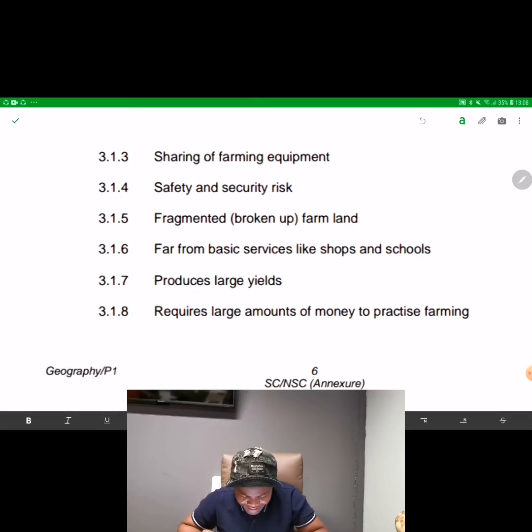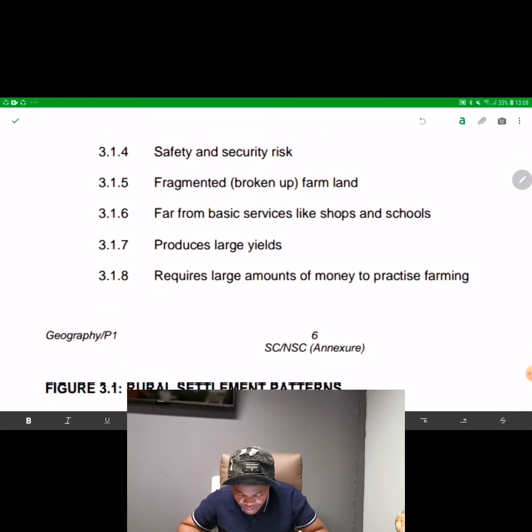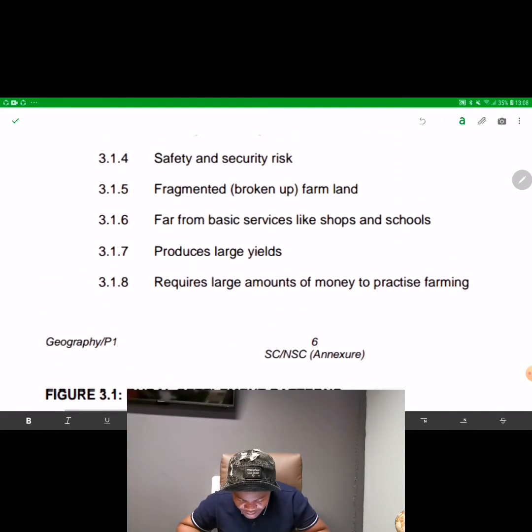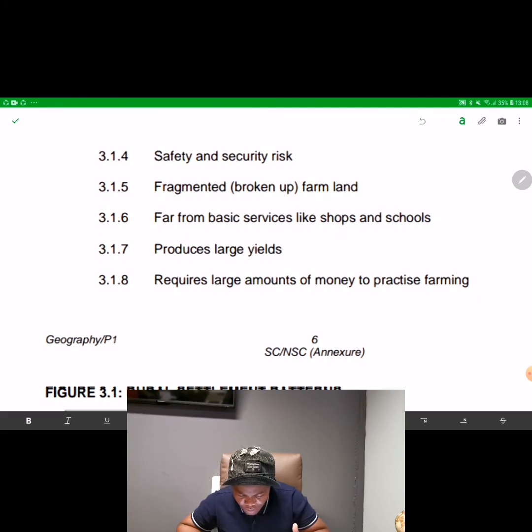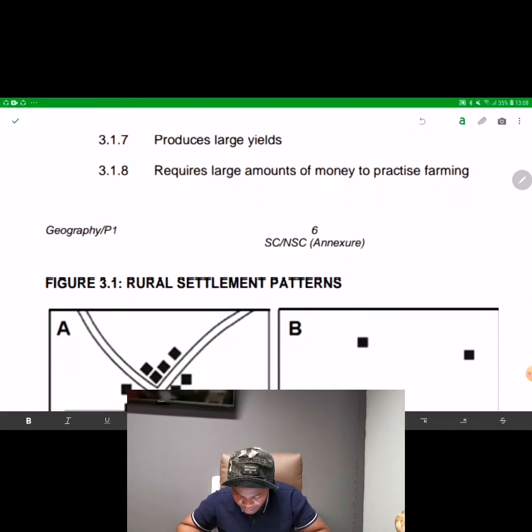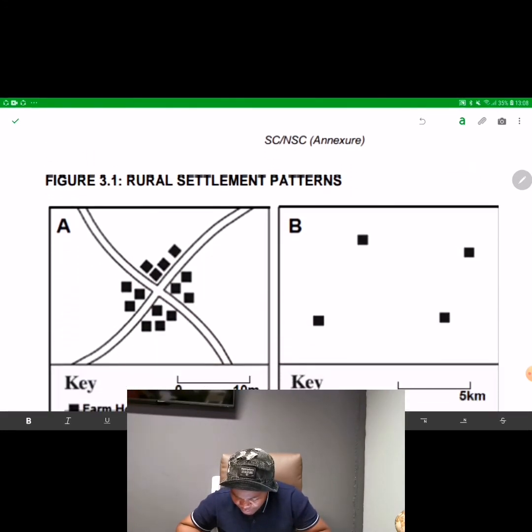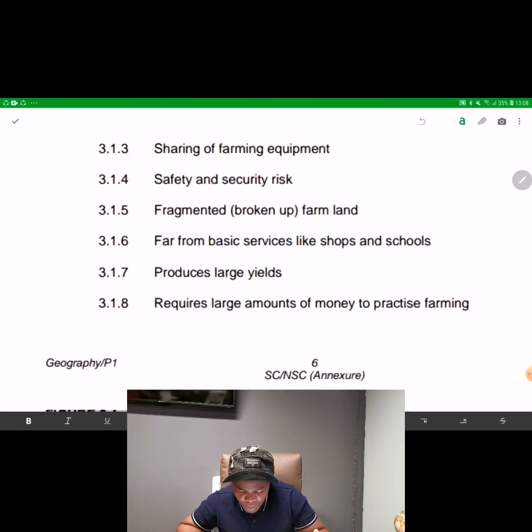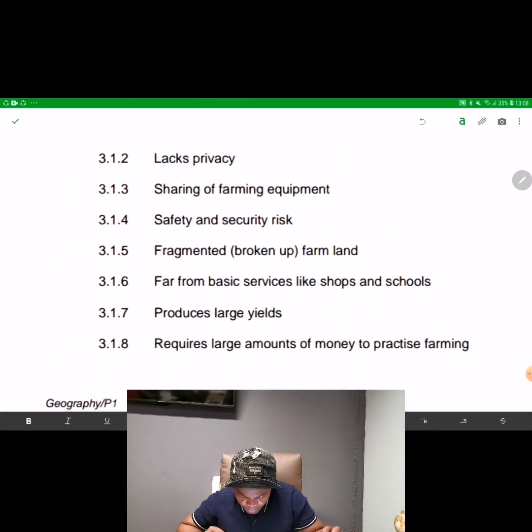So then again, the fragmented, broken up farmland. Obviously, that one it's going to be what? Your area B. Why is that the case? Because many people don't like to live there, and they are dispersed, meaning that they have just chosen those areas.